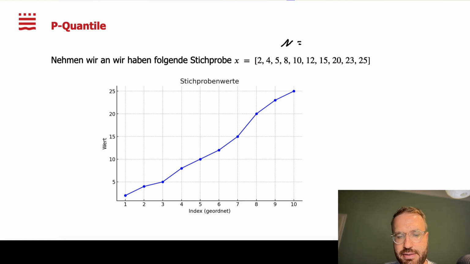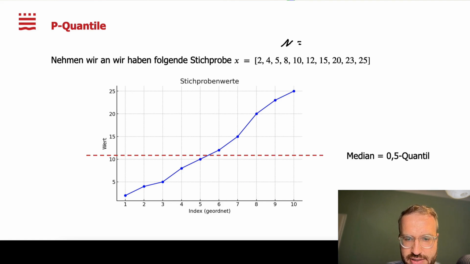So the size is 10, and we know that it is an even number. So there is, as we remember, not a middle point. Thus there is the median, which is exactly between the 5th and 6th values. So we have to add the 10 here, plus the 12, and divide by 2. That's how it was with the median.